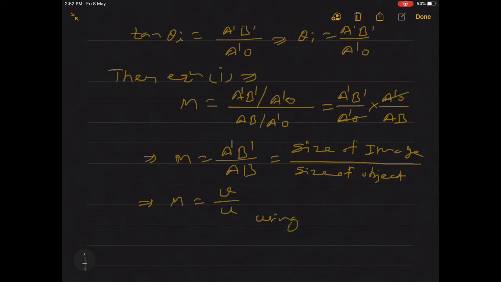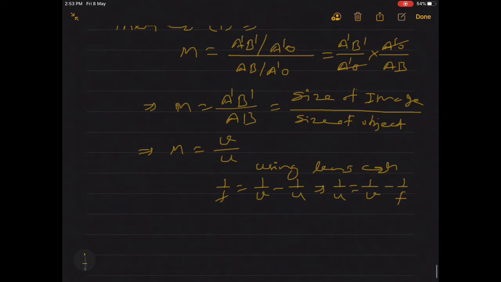Using the lens equation, 1 upon f is equal to 1 upon v minus 1 upon u. So 1 upon u is equal to 1 upon v minus 1 upon f.